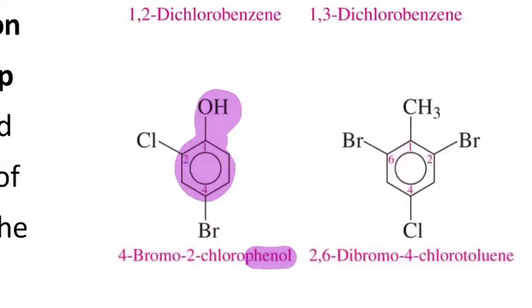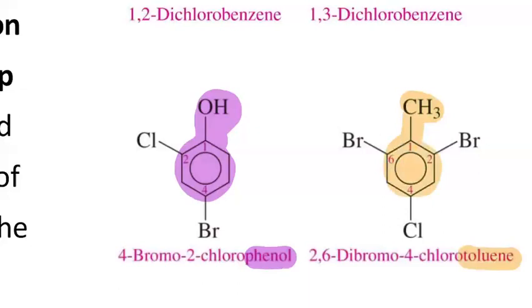In the next example that we have, you can see that this is your parent chain, the toluene common name. And in this case, we have a total of 3 additional substituents. We have 2 bromines and 1 chloro.